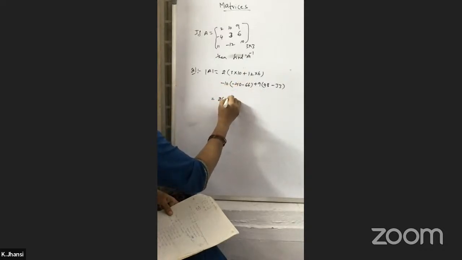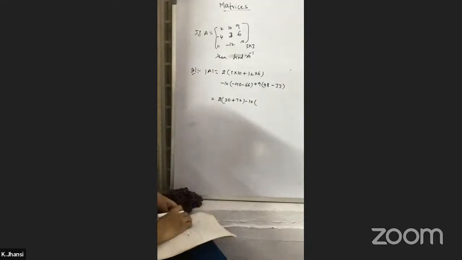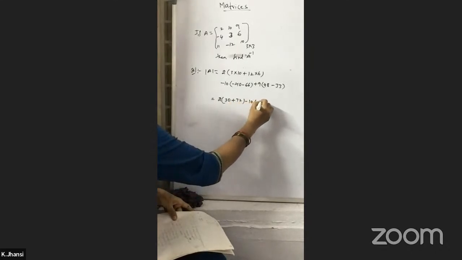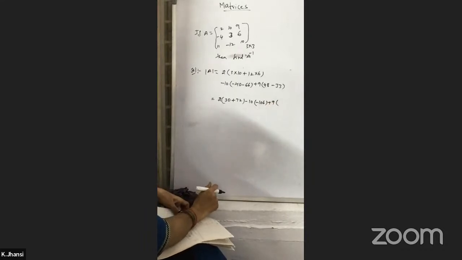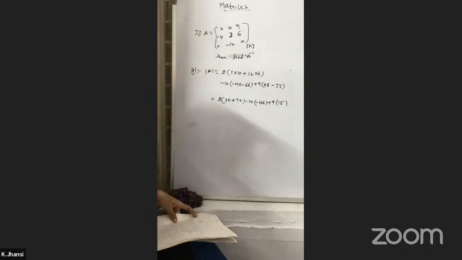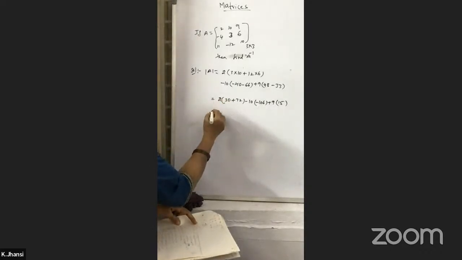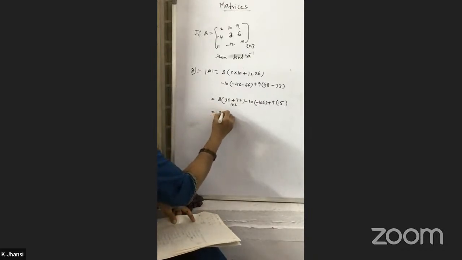2 into (10 into 3, that is 30, plus 6 into 12) is 102. And this is minus 10 into, minus of minus, 106. And plus 9 into (48 minus 33), so we'll get 15, no? Plus 15 into 9. Okay. Now 102 into 2 means 204.